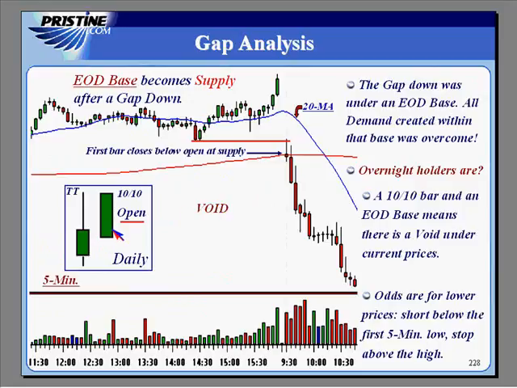Now our next one, we've got a 10-10 bar. Prices had rallied in the morning, and they consolidated throughout the afternoon and rallied into the close. And then we get a significant gap down, and it gaps down under the consolidation. So this would be your gorilla type strategy.